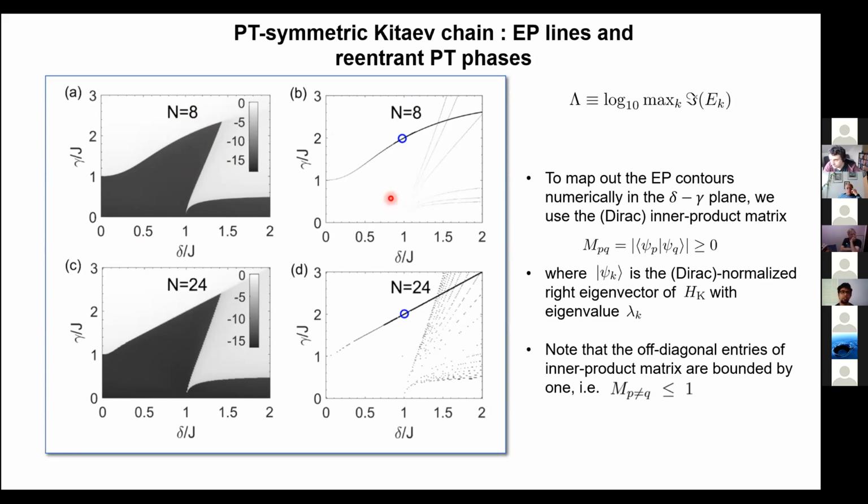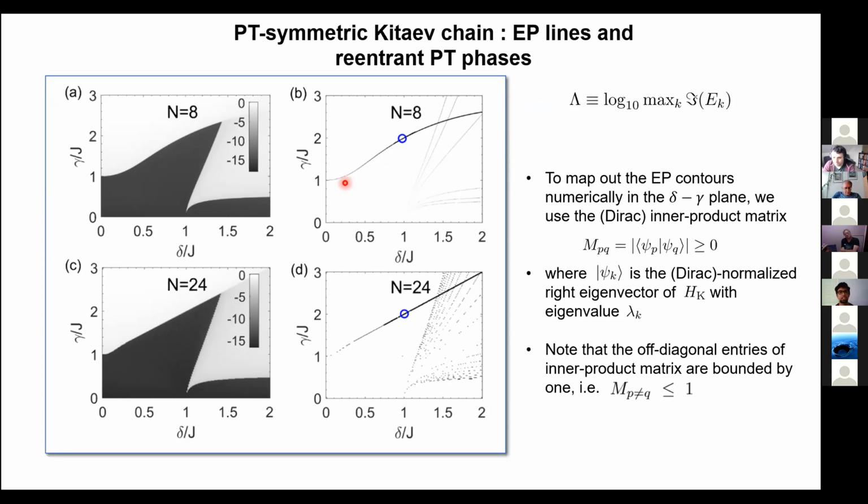So we have these lines which actually correspond to the coalescence of two or more than two eigenstates. The black lines that you see over here are basically the EP, the coalescence of these.